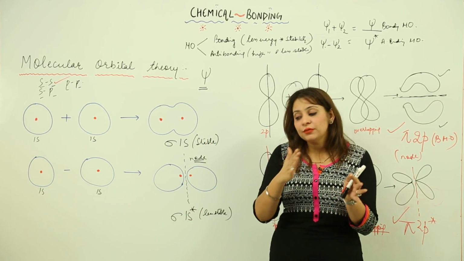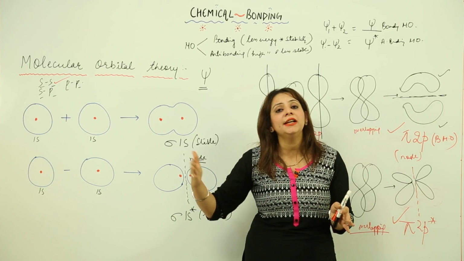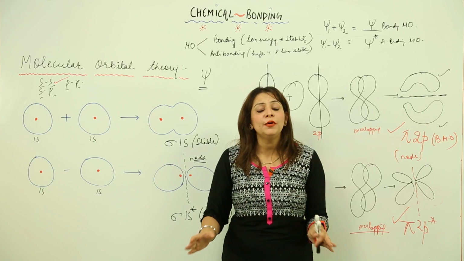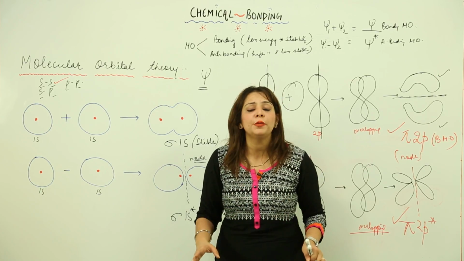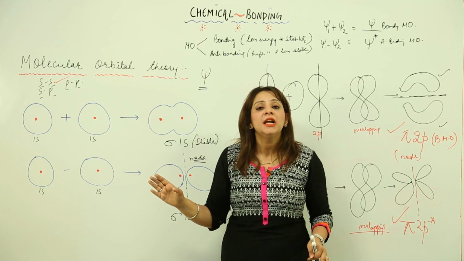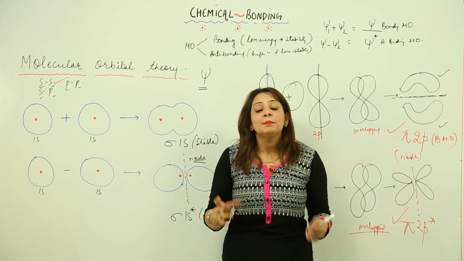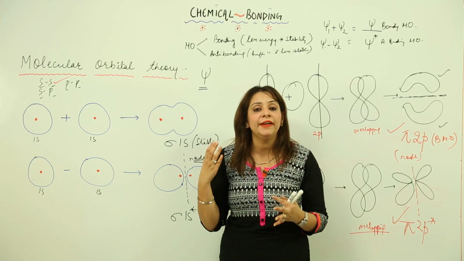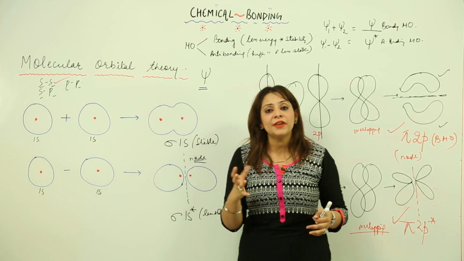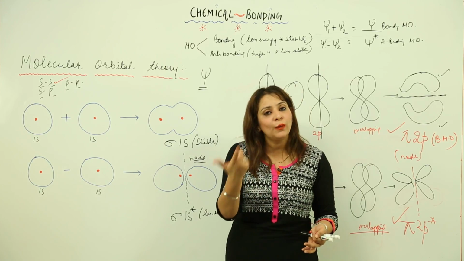Otherwise, the order of filling the orbitals or the subshells is exactly the same. We will be obeying the same rules, the same Aufbau principle, same Hund's rule, same Pauli's exclusion principle, nothing is going to change, right? But you need to remember this also, this is a very important factor: in the case of atomic orbitals we didn't have different kinds of orbitals, we had only one kind of orbital.